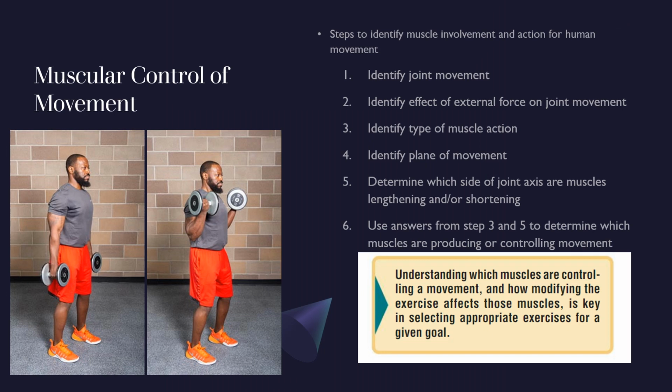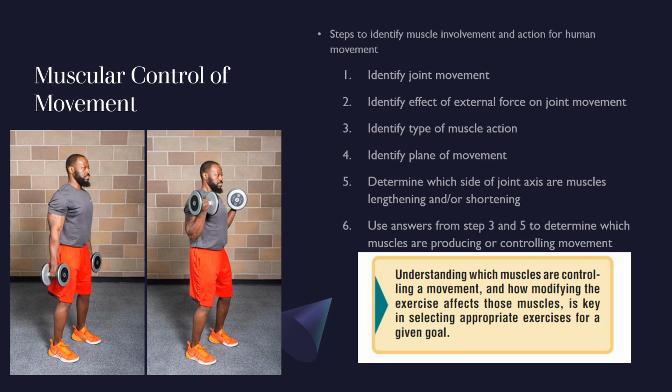So, some steps to identify muscle involvement and action for human movement. First, you want to identify the joint movement. Then identify the effect of an external force on the joint movement. Understanding which muscles are controlling a movement and how modifying the exercise affects these muscles is key in selecting appropriate exercise for a given goal. Identify the type of muscle action you want to see.